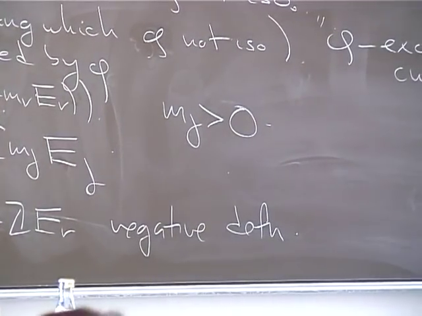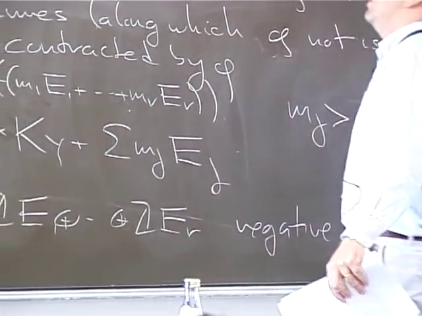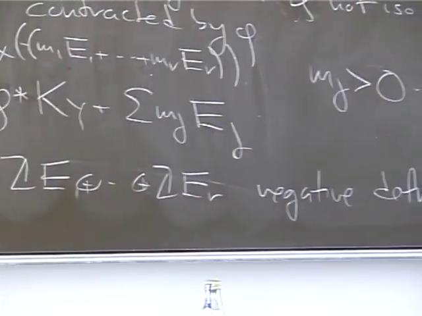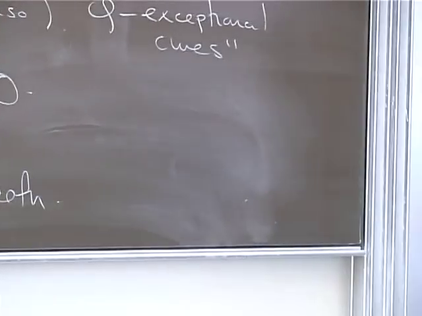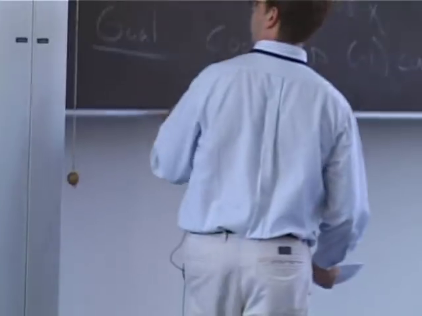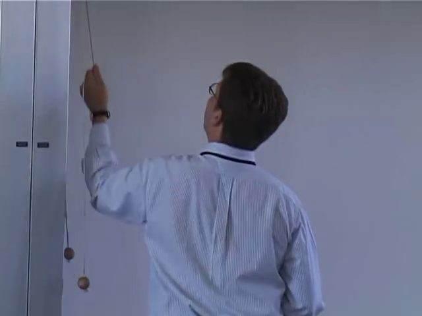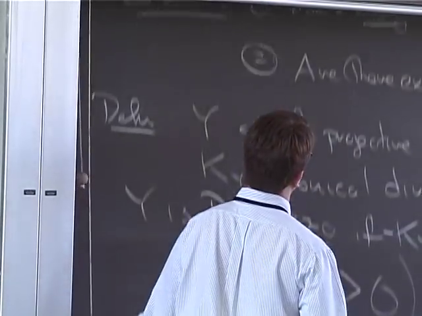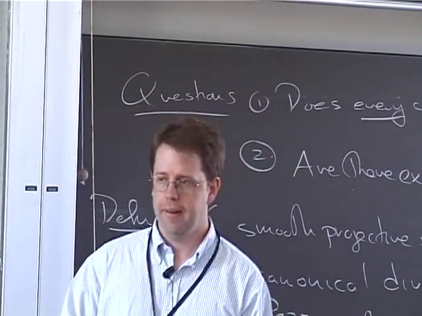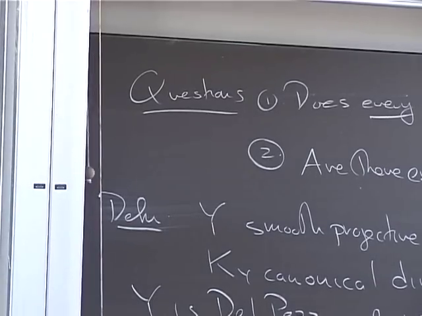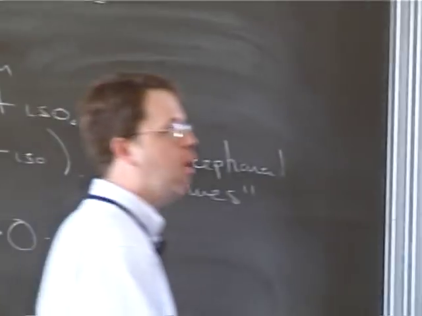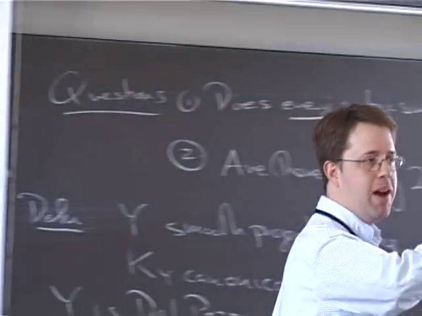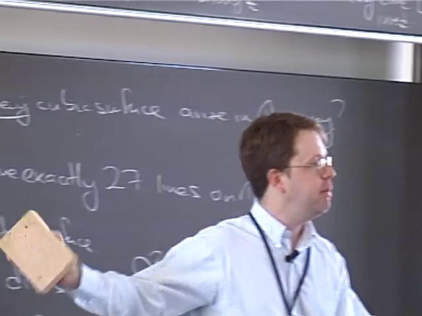So we have this negative definite intersection form. We've seen these negative definite intersection forms before. When I blew up the 6 points on P1, I got -1, -1, -1, -1, -1. I'm just abstracting that away.